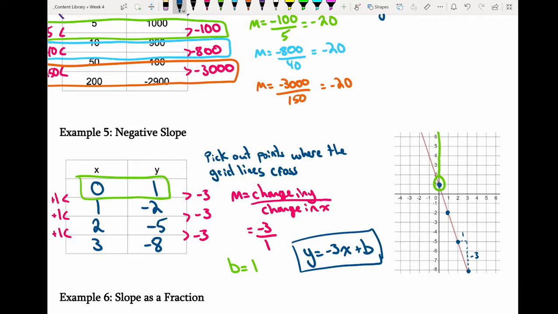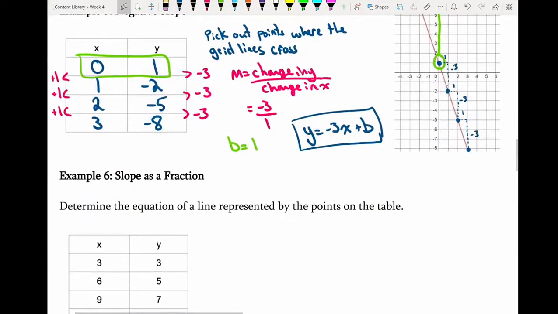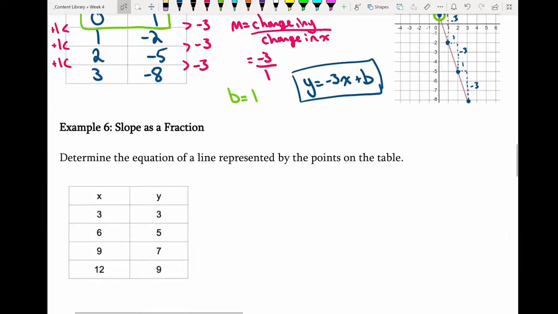We can see that pattern true for all of them. Right? We increase by 1x, we decrease by 3. Increase by 1x, decrease by 3. So that's just another way we can see our slope. But as long as we can find the points and come up with a table of values, that's the key thing.